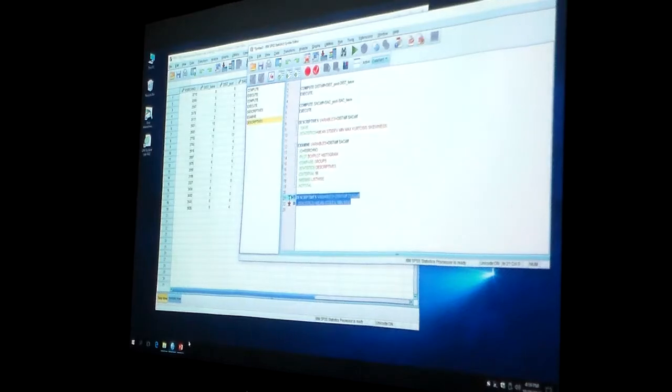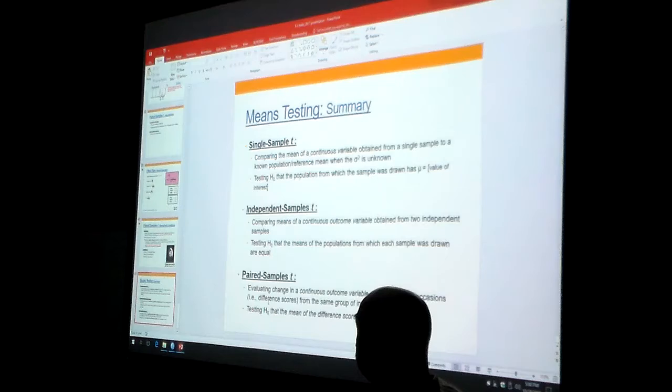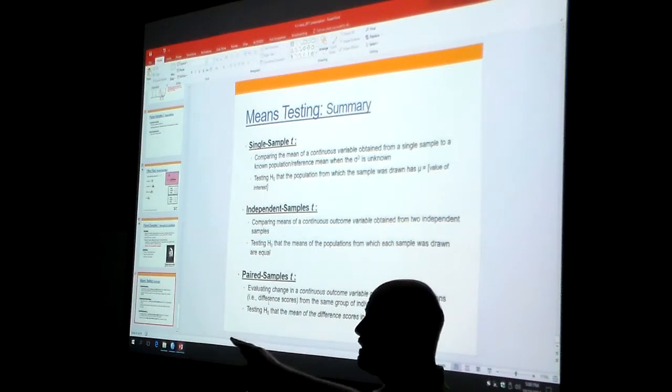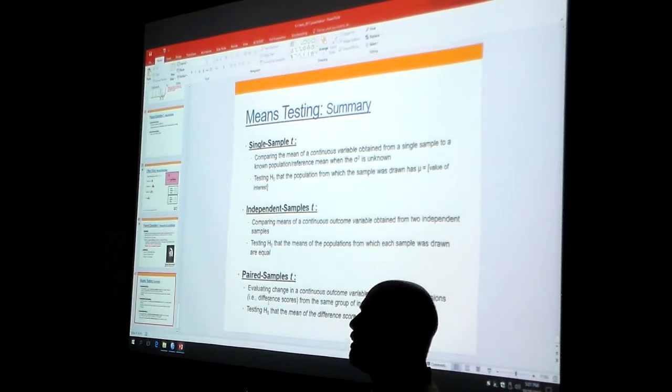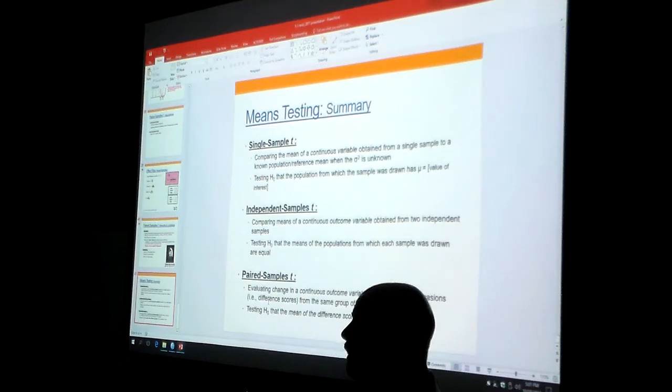We nearly made it through this. For the purpose of tying this all together, we've got our single sample test. Remember, it's a test that we use when we have one sample and we're comparing it to some known population mean or reference value, but we don't know the variance. We don't have a population variance. This was our initial transition from the one sample Z into a one sample T test, where we use our sample statistics to estimate.